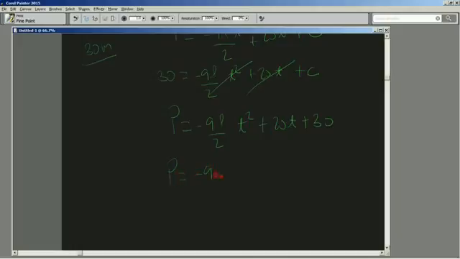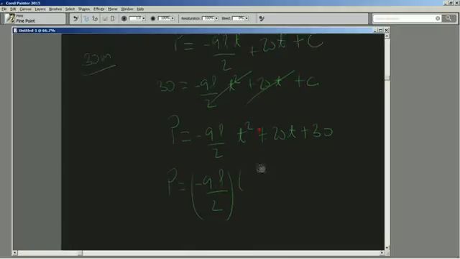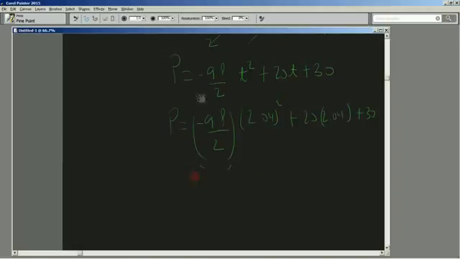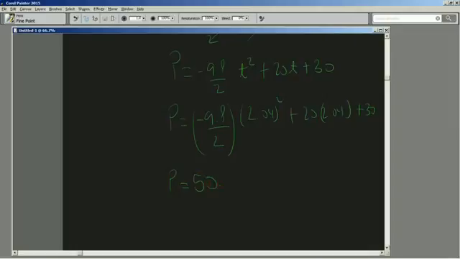So p is equal to negative 9.8 over 2 times 2.04 squared plus 20 times 2.04 plus 30, and plugging that in, negative 9.8 divided by 2 times 2.04 squared plus 20 times 2.04 plus 30, which equals, position is equal to 50.4082 meters.